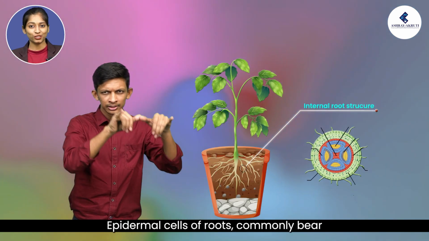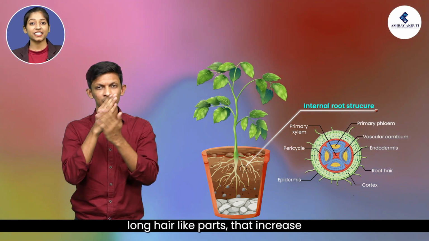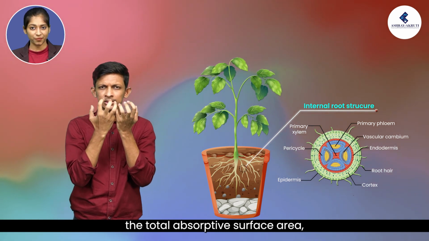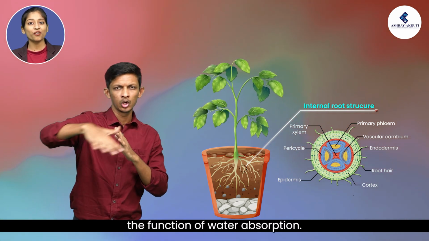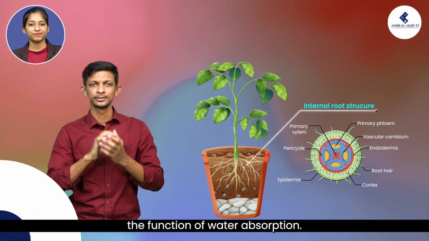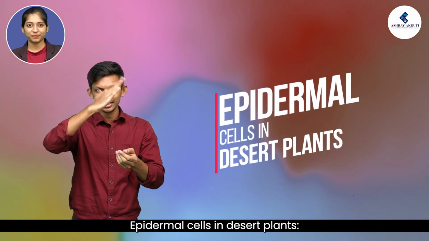Epidermal cells of roots commonly bear long hair-like parts that increase the total absorptive surface area and help with the function of water absorption. Epidermal cells in desert plants.